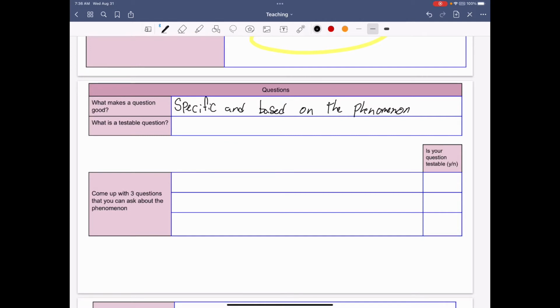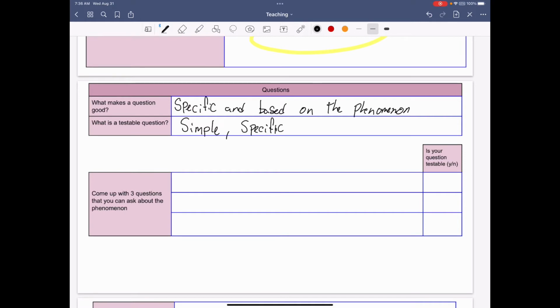And then to be a testable question means that it is a testable question is normally one that is simple and deals with a specific question, like I said before, on good. So it's going to be simple and specific.